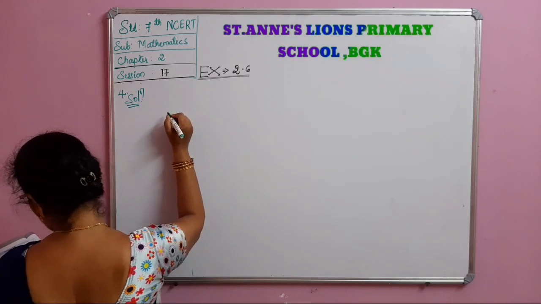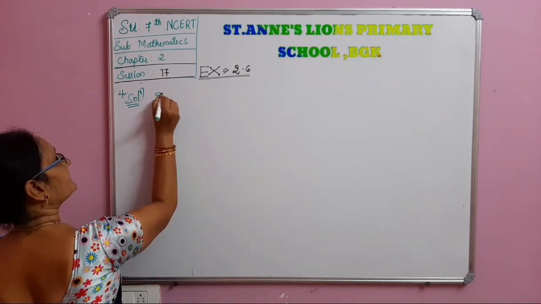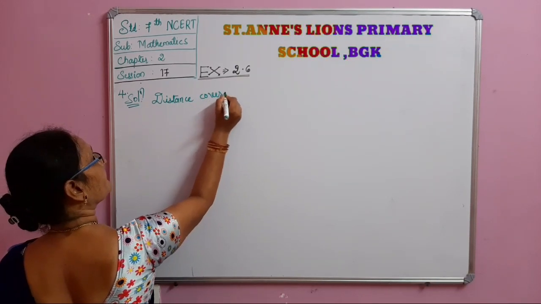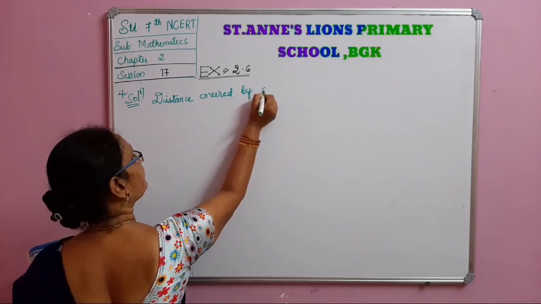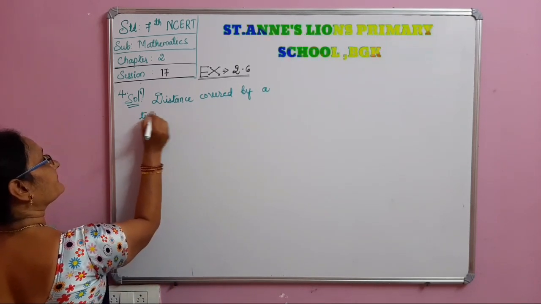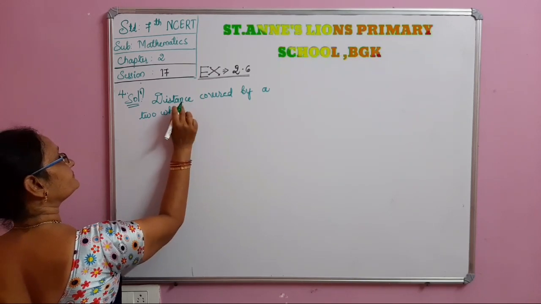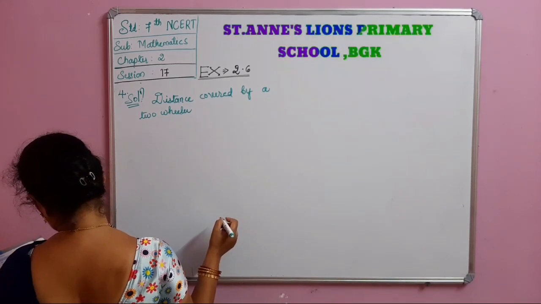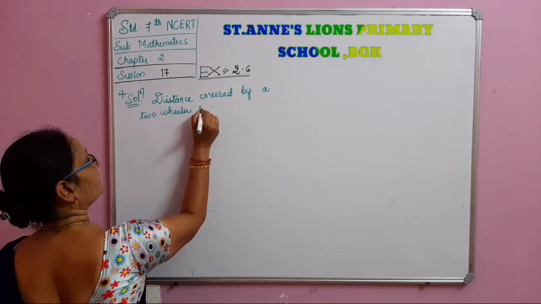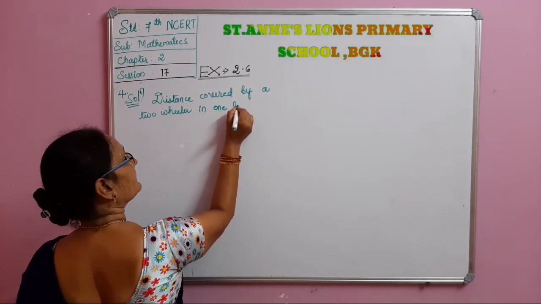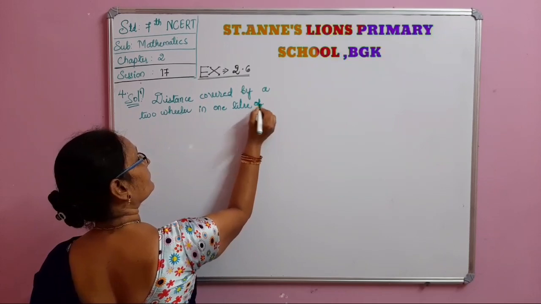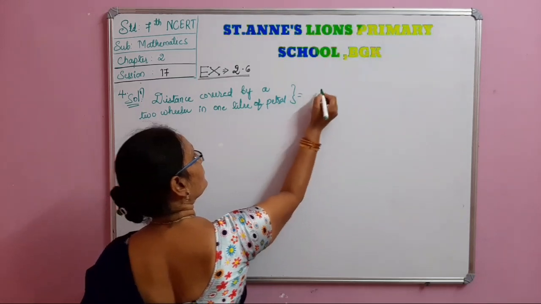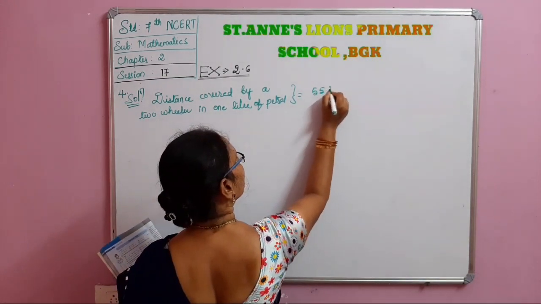Solution. Distance covered by a two-wheeler in 1 liter of petrol is equal to 55.3 kilometer.